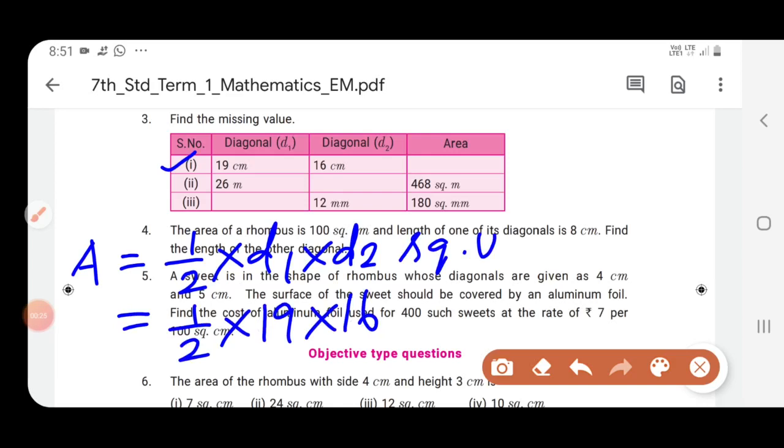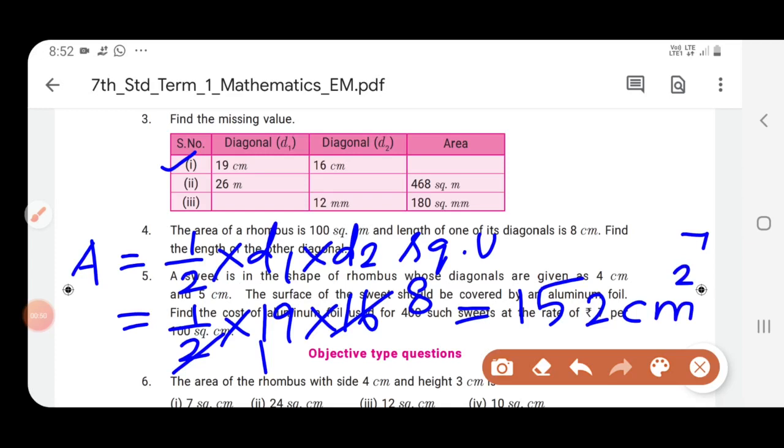Here we can cancel 16 by 2. So 8 2s are 16. Now we have to multiply 19 into 8. 9 8s are 72, so 2 and carry 7. 1 8 is 8, 8 plus 7 is 15. So 152, the given unit is centimeter, so centimeter square is the answer for the first question.